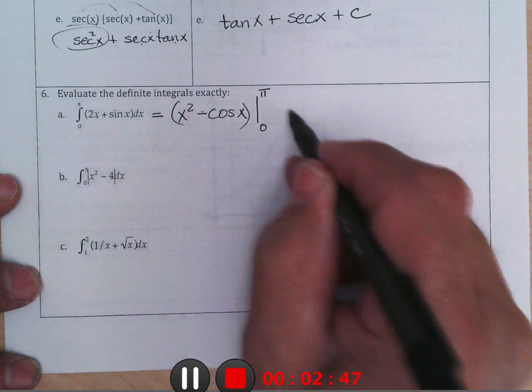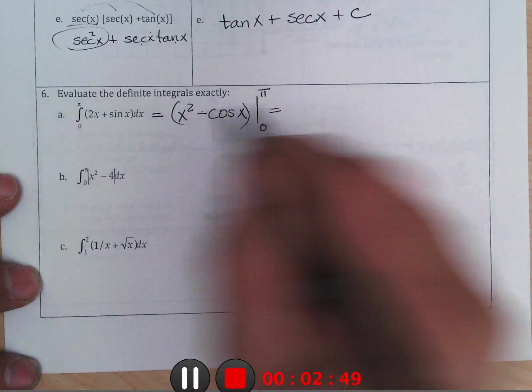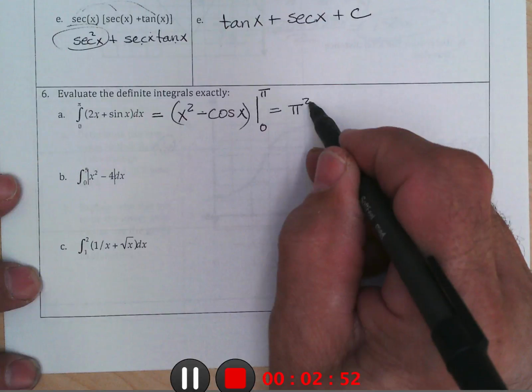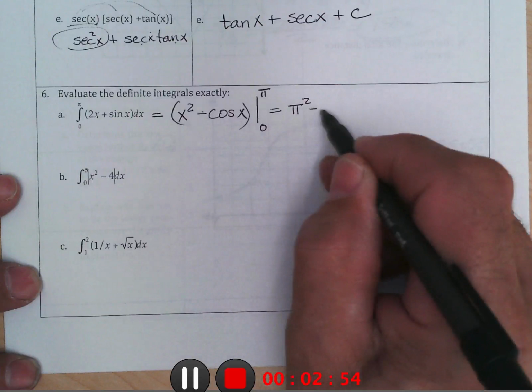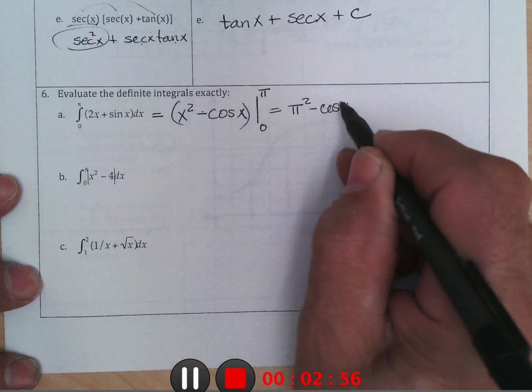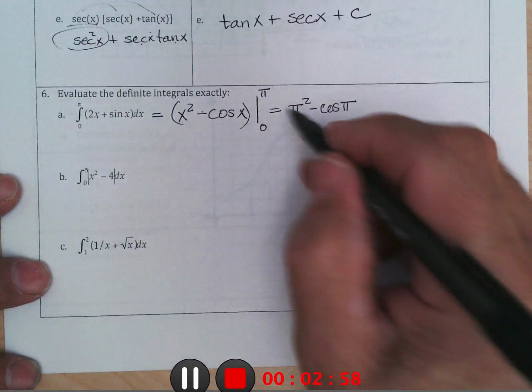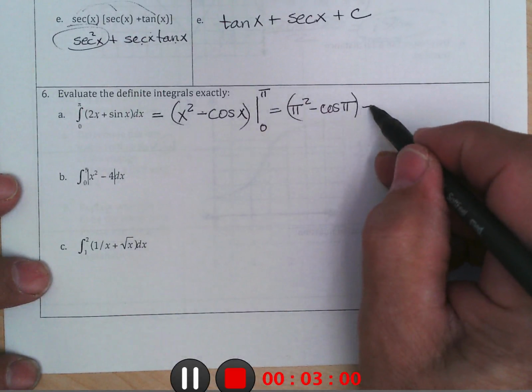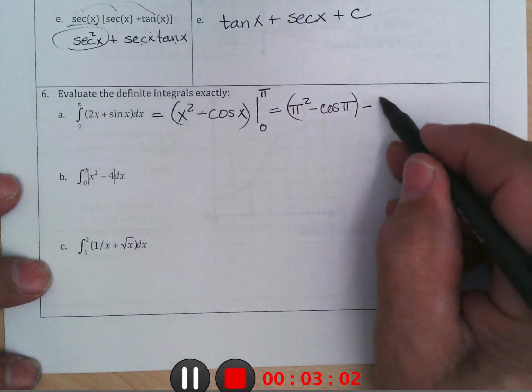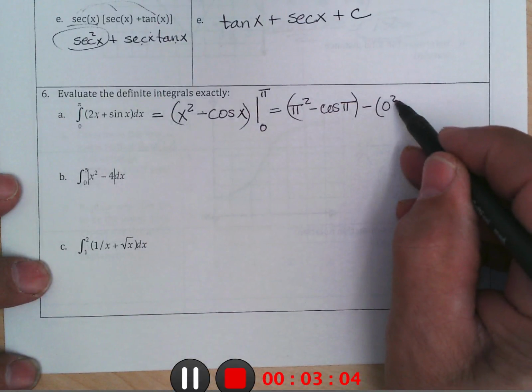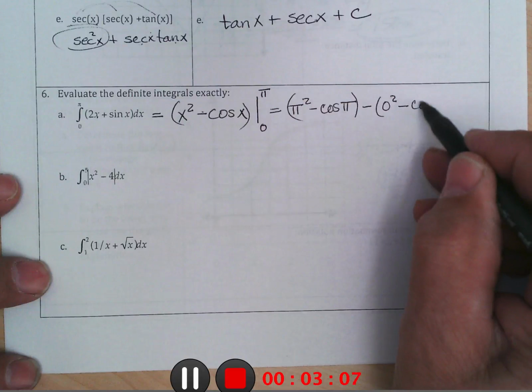So we get pi squared minus cosine of pi, minus 0 squared minus cosine of 0.